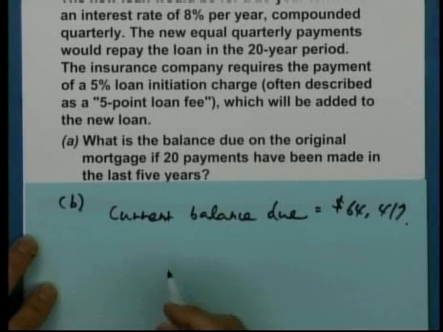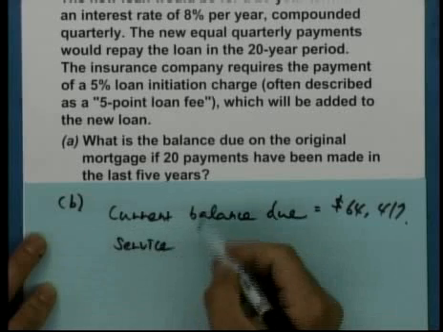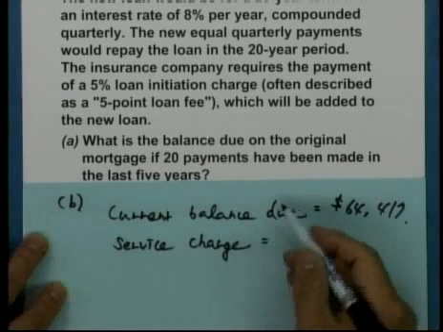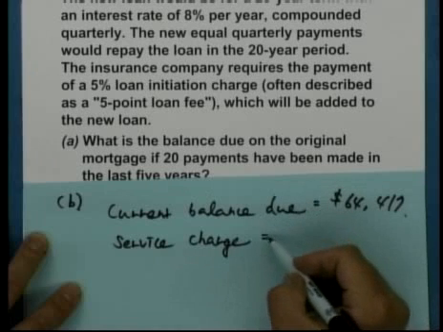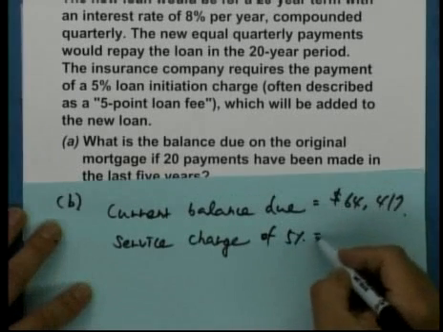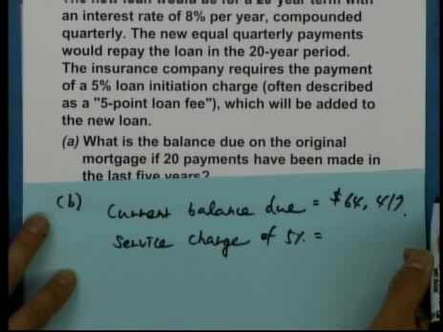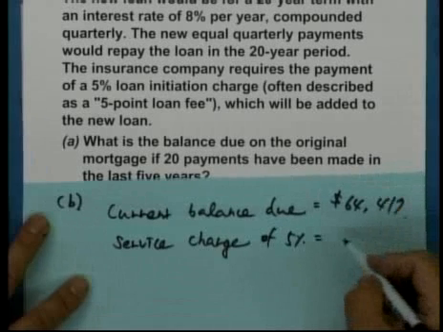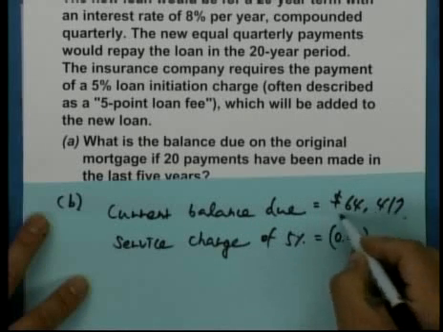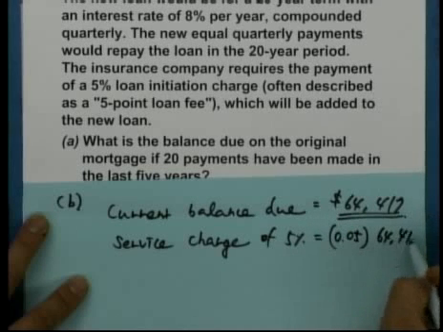Okay, so the current balance due is $64,417 from part A. And there is a service charge of 5%, which is 0.05 times this amount of money, $64,417.